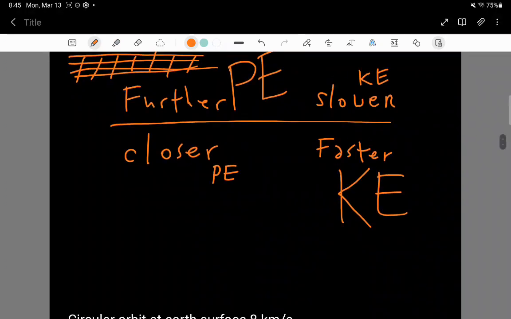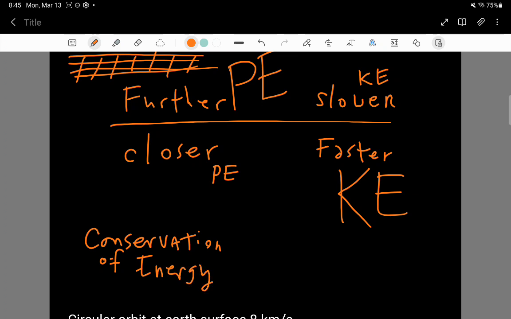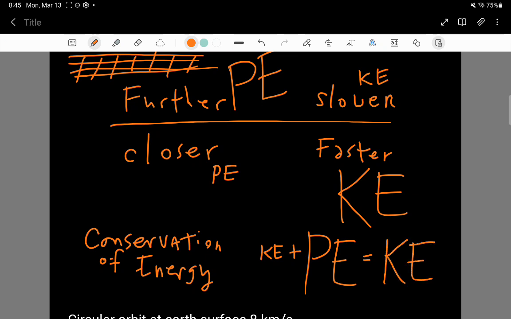And what's going on here is a conservation of energy, because the small kinetic energy plus the large potential energy is equal to the same amount on the other side, large kinetic energy plus small potential energy.